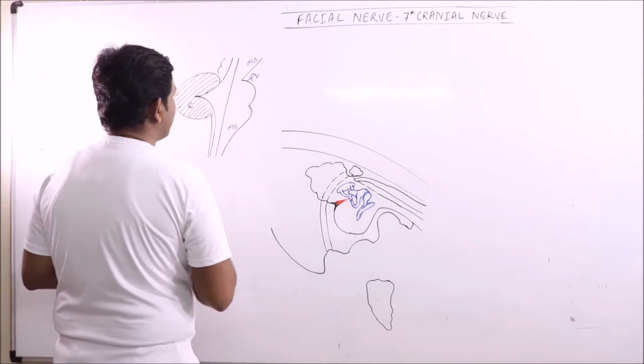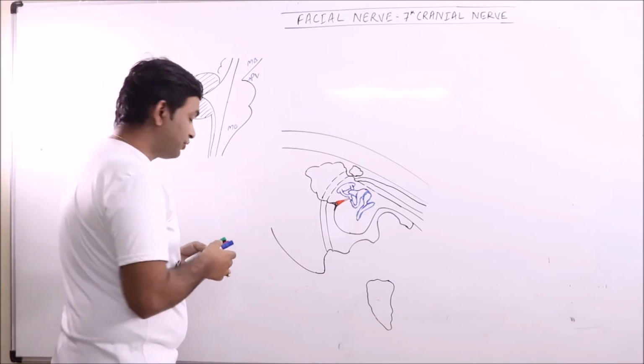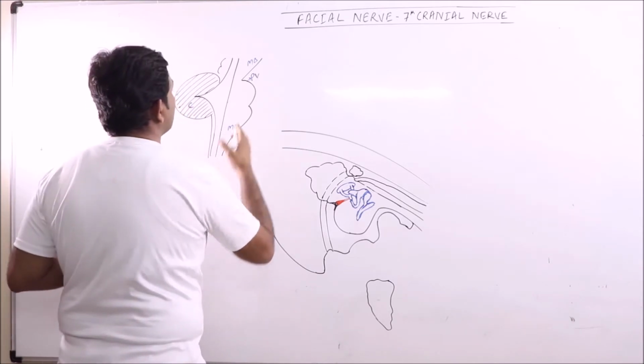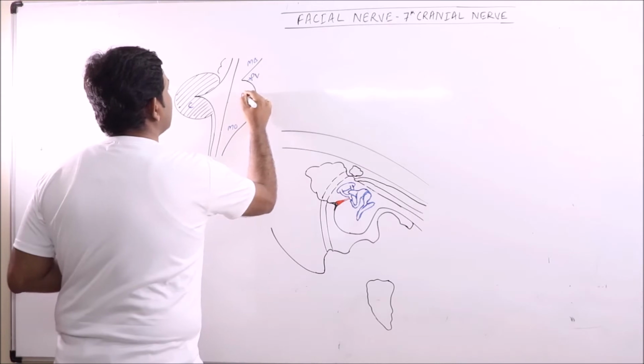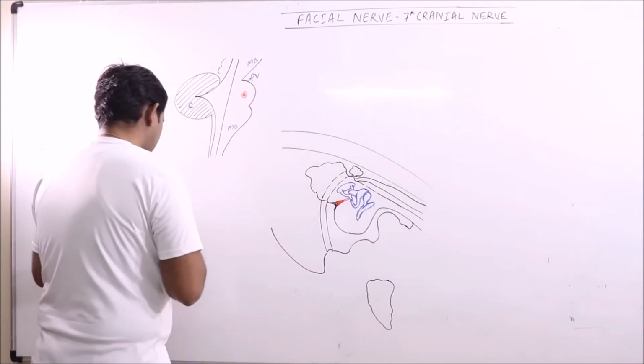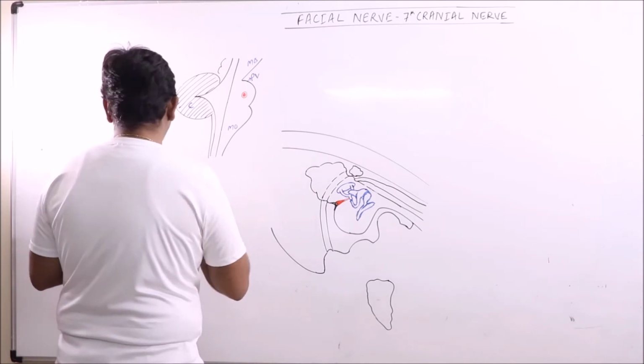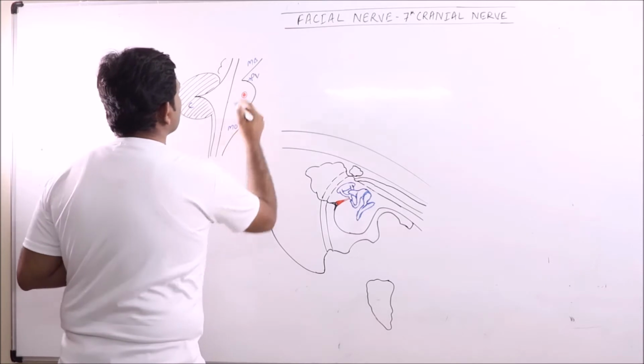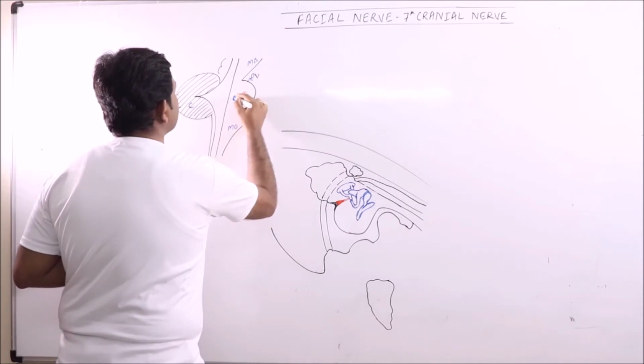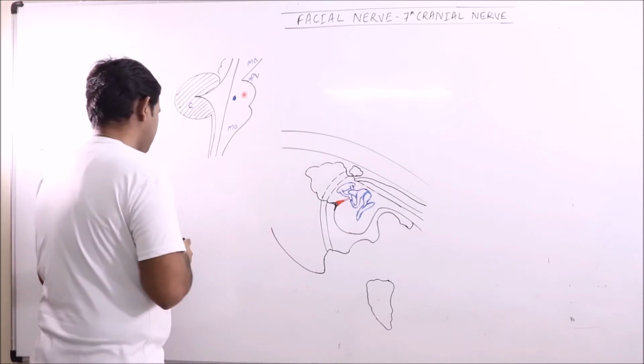Now, facial cranial nerve basically originates from 3 nuclei. First one is the main motor nucleus. Second one is the superior salivatory nucleus.